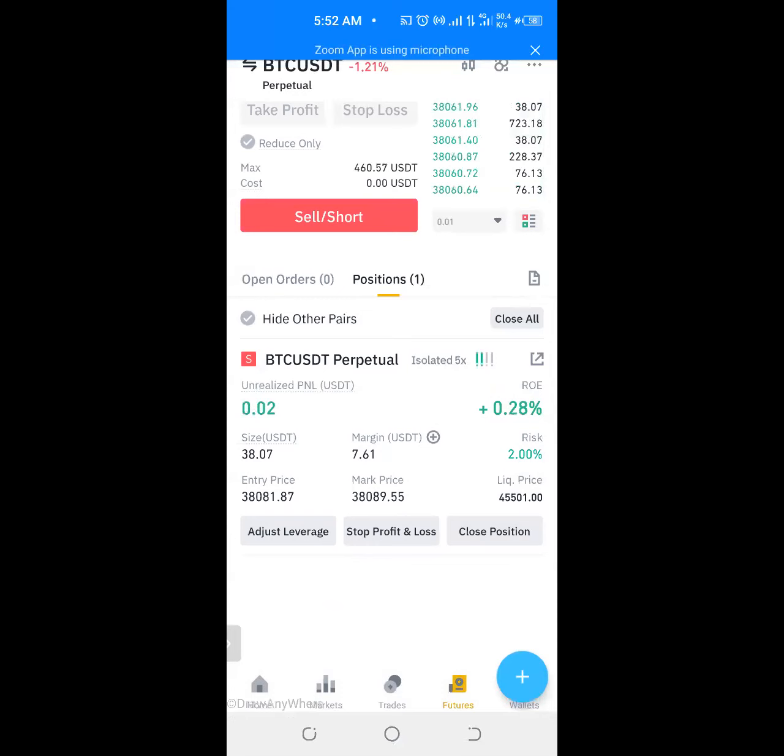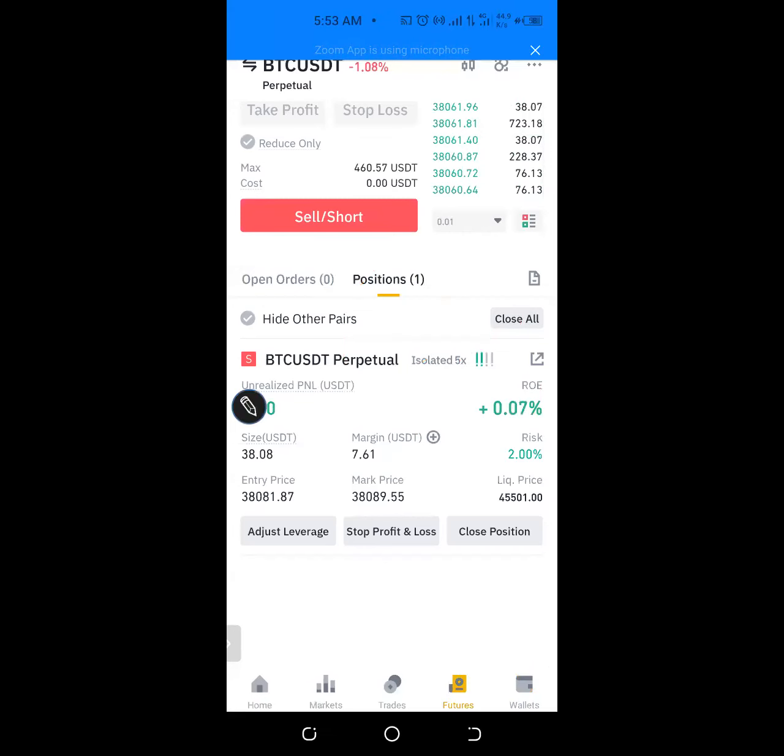Because I'm speculating that Bitcoin is going to go down further, the more negative it goes, the more profit I make. So I'll take the 5% gain and multiply by my leverage. So what I'll be seeing here will be 25%. So I'll have a reward.